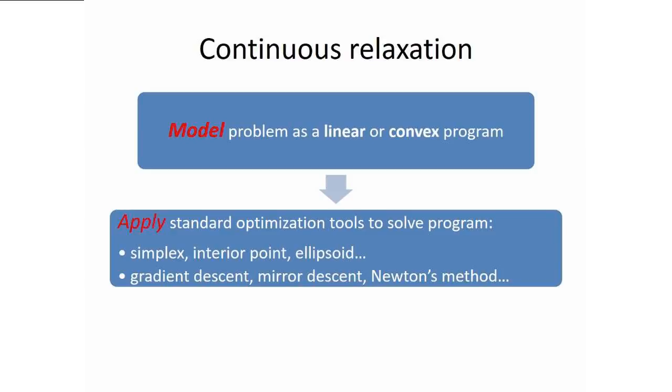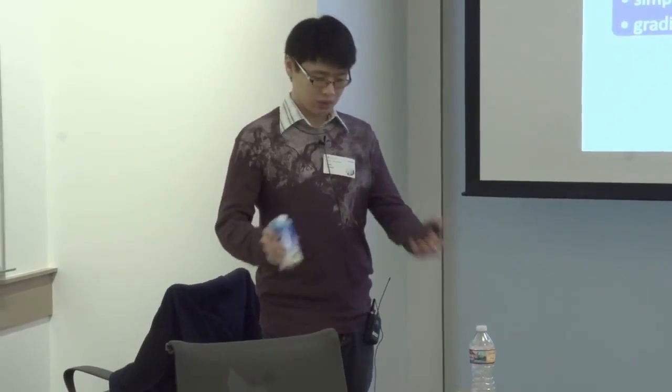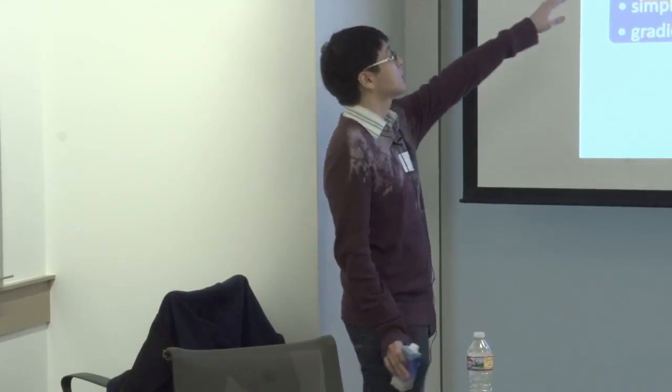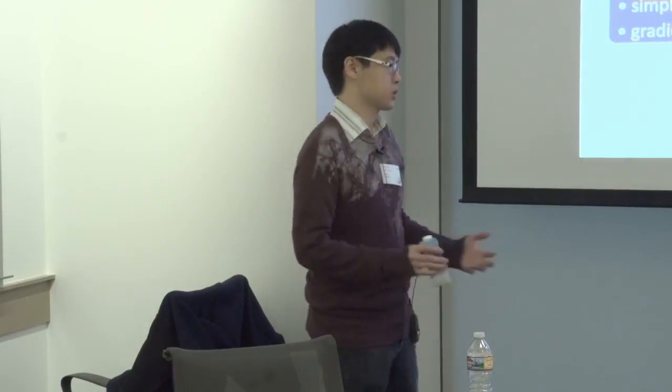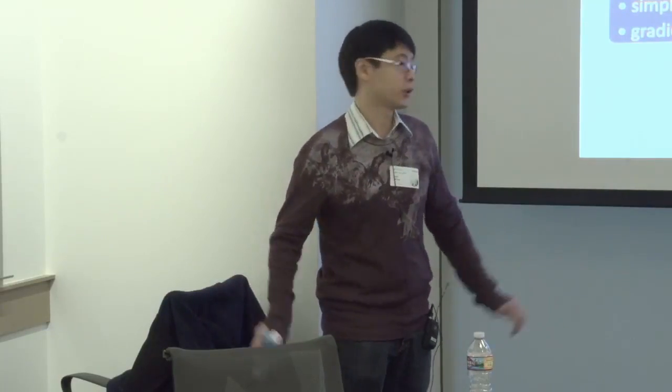So one of the oldest ideas in TCS for solving a problem is to consider a continuous relaxation of the problem. So to do it, you usually model your problem as a linear or convex program, and you just use one of your favorite convex optimization primitives to do it.